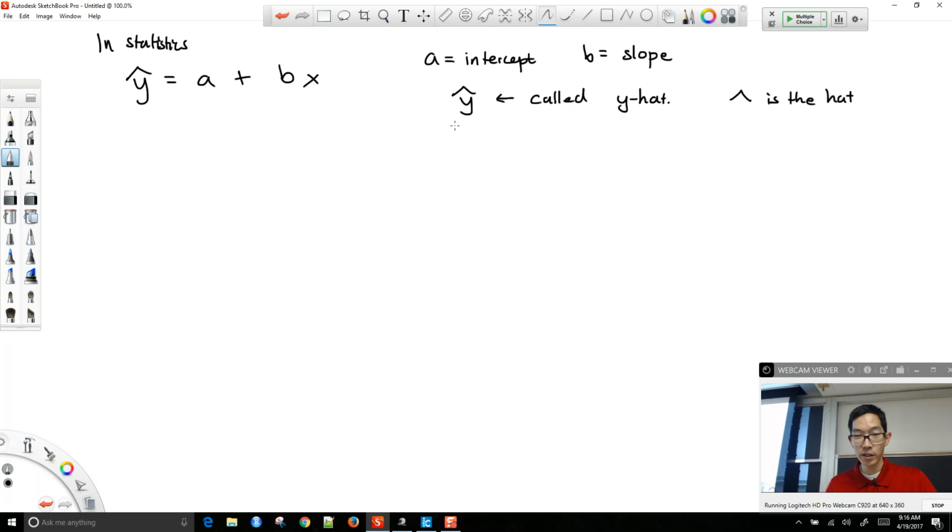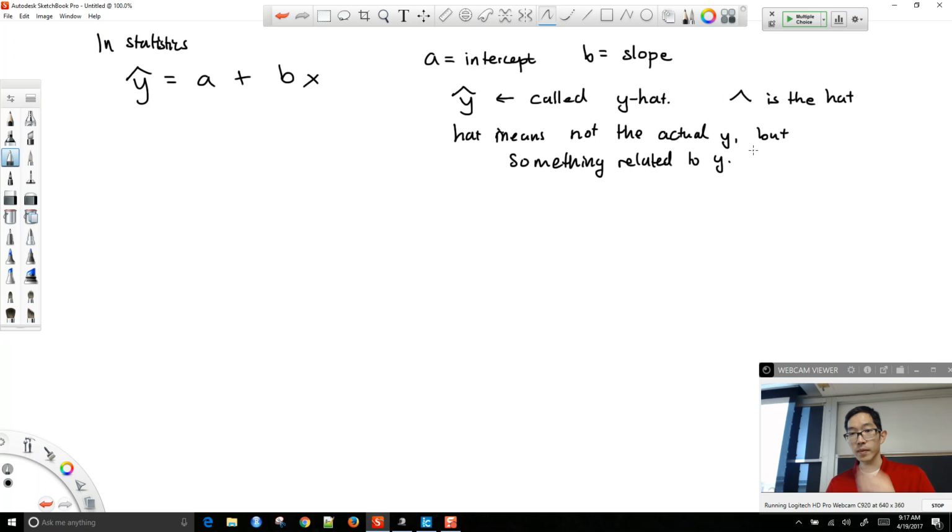So hat means not the actual y, but something related to y. And so in our case, we're saying this is not the actual value of y, but rather our prediction for y.